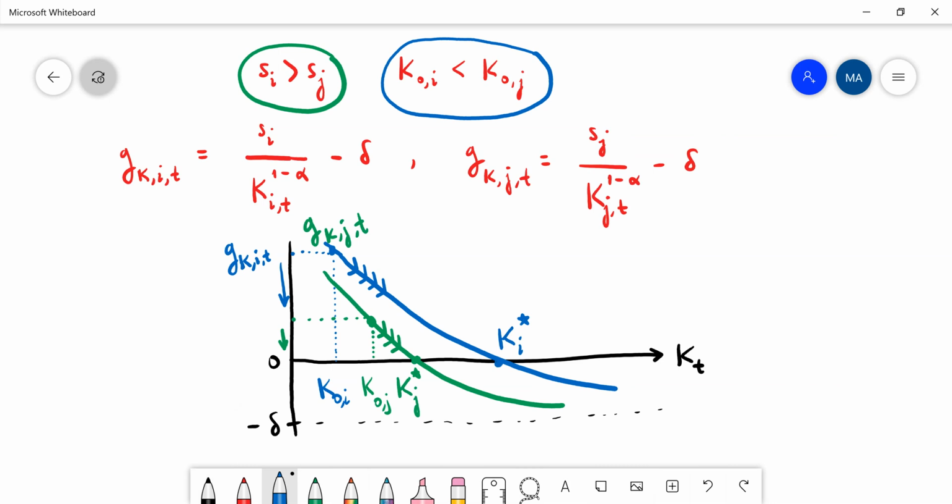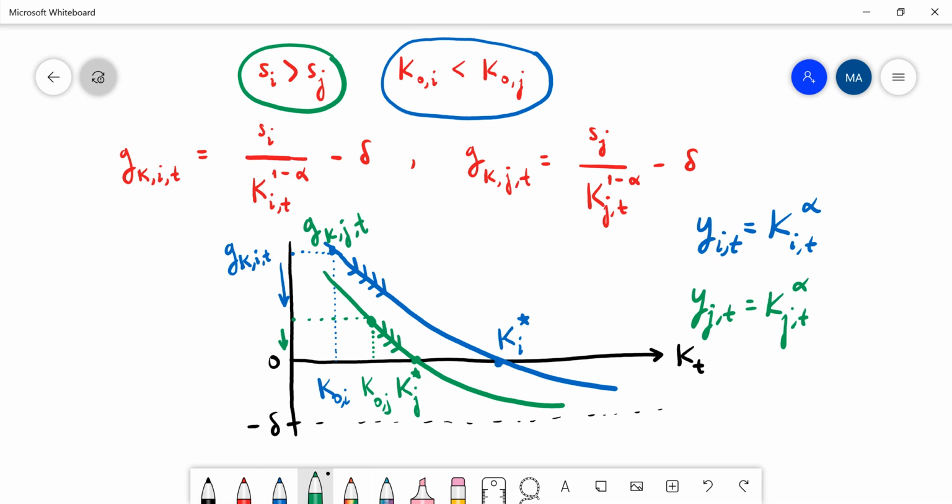And also, if you look at the transition in GDP, you also see different levels, because this is equal to k_It to the alpha, and this is equal to k_Jt to the alpha. So their capital stock levels are also different, so their GDP levels are going to be different.